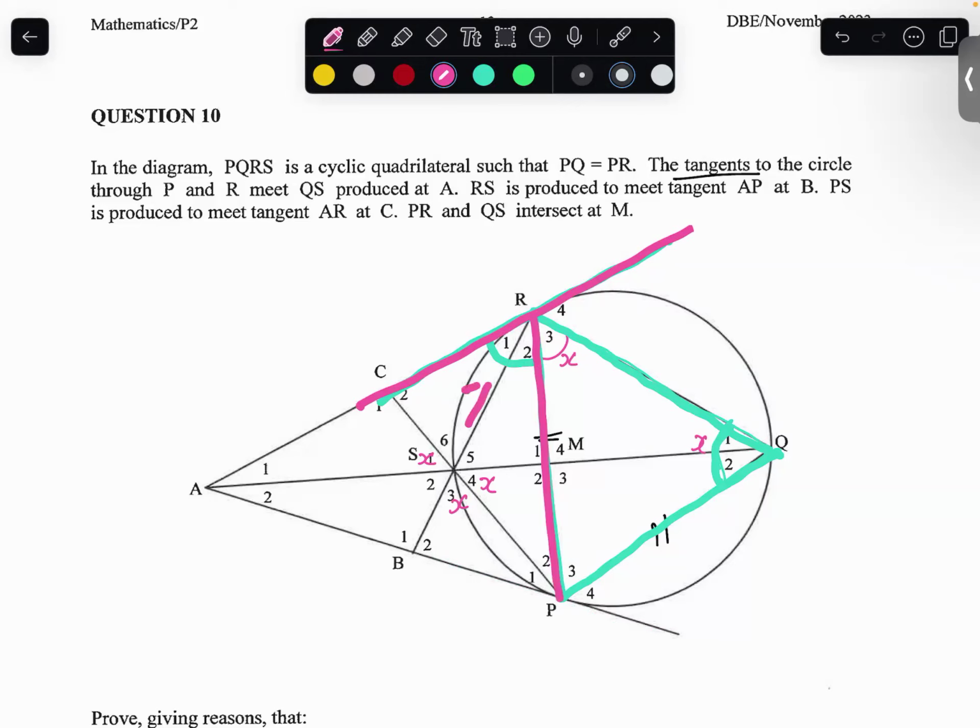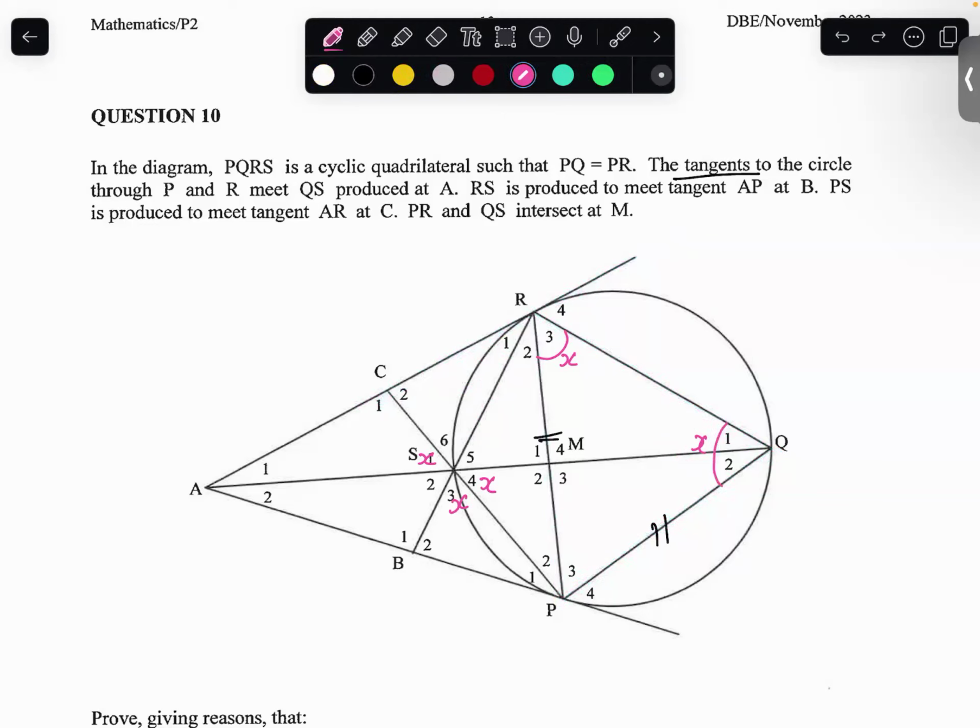The angle between the tangent and the chord is equal to the angle that the chord subtends in the opposite segment. So this angle and this angle are equal, and we know this whole angle is X. So R1 plus R2 is equal to Q1 plus Q2, which is equal to X. Tan chord theorem.